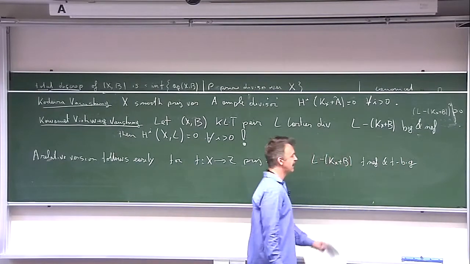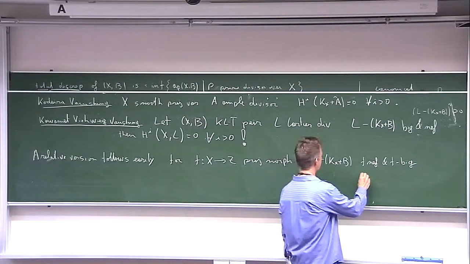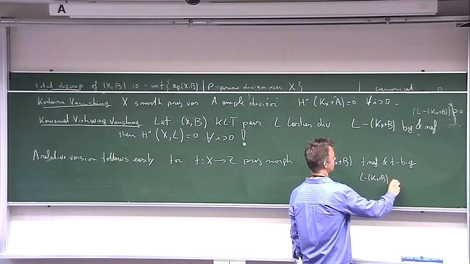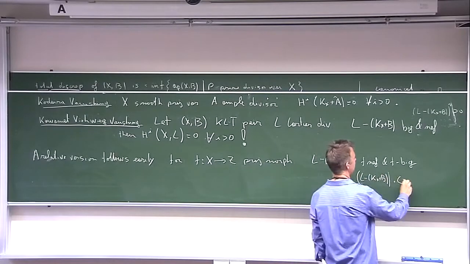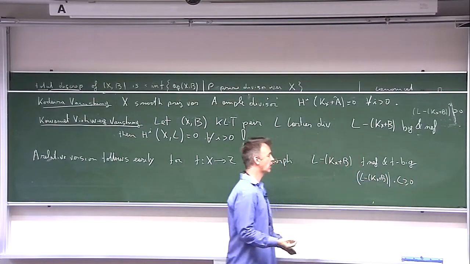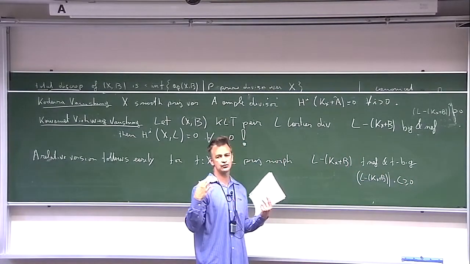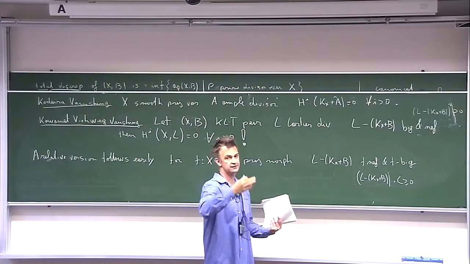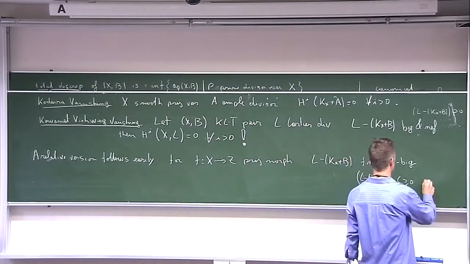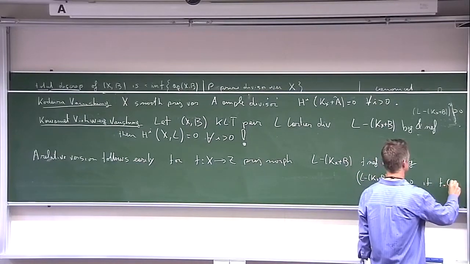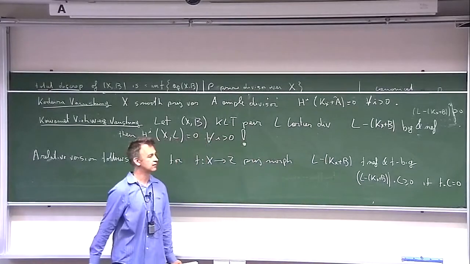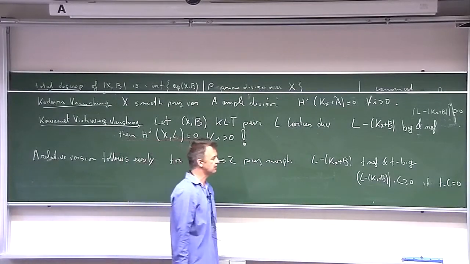So what does f-nef mean? Again, it's like being nef. L minus (K_X plus B) intersected with any curve C should be non-negative. But now you're going to require slightly less. You just require that it's true for the curves that are contracted, if f_*(C) is 0. So for any vertical curve, the intersection has to be greater or equal to 0.